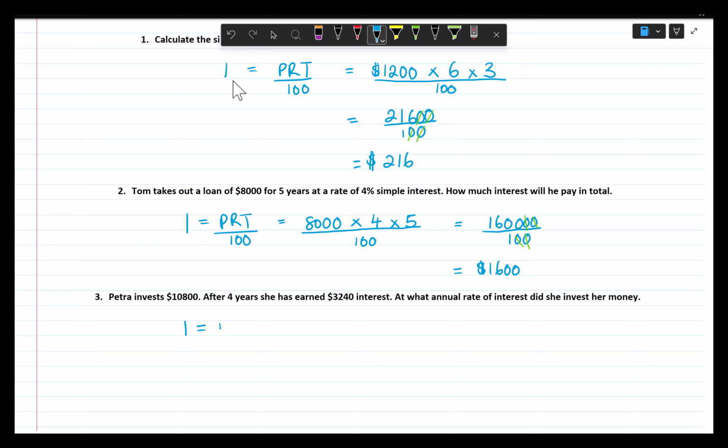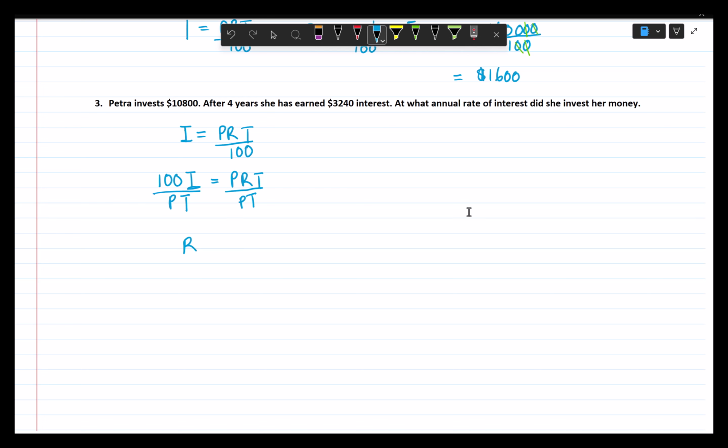So remember, if I is equal to PRT all over 100, and we want to remain with R, we're going to take 100 to the other side, and then we have 100I equal to PRT. We want to remain with R, so we're going to divide both sides by PT, and we are left with R is equal to 100I all over PT.